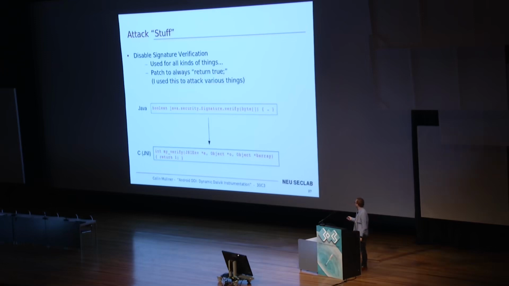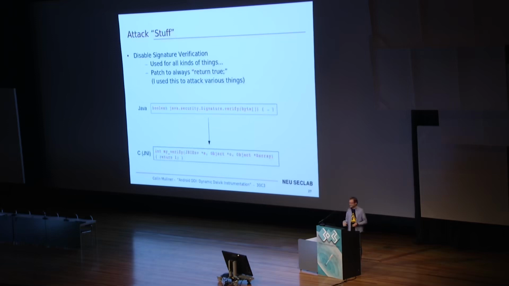You can take the Java signature verify method and replace it with a one or two line piece of C code which just returns 1. If you load it into the application, that application will think all the signatures it checks are valid. And you can do amazing things already with that capability.